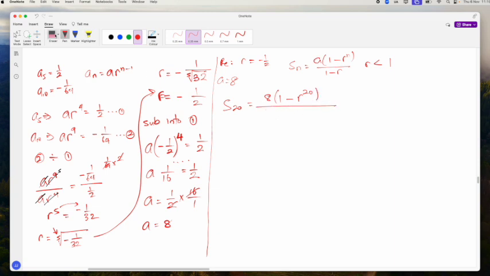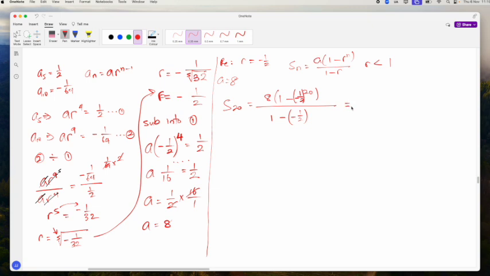And do I have r? Yes, I do have r. R is what? R is negative a half, minus a half, all to the power of 20, right? Into 1 minus r, which is negative a half. All right.